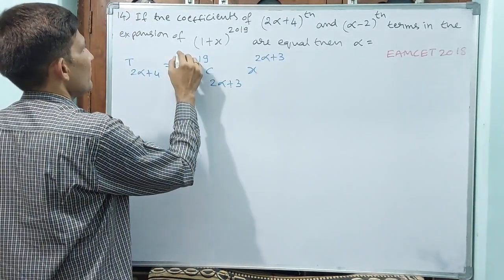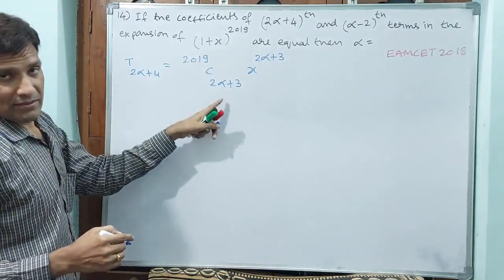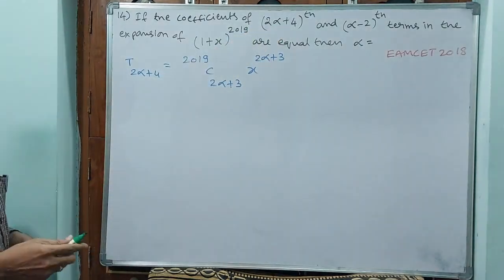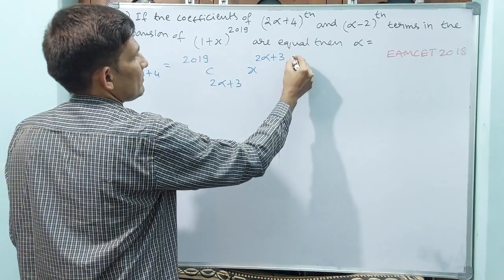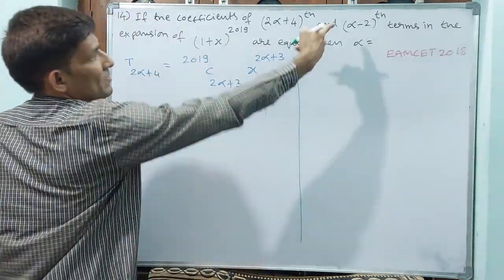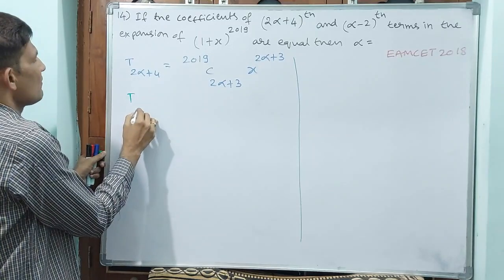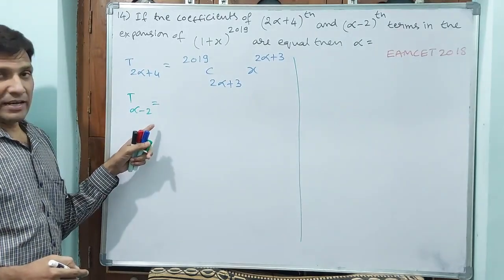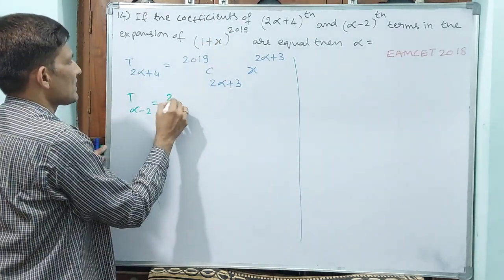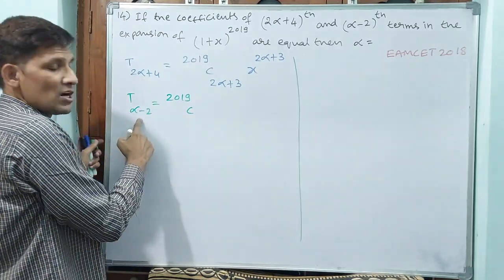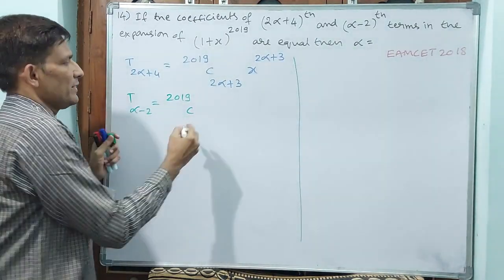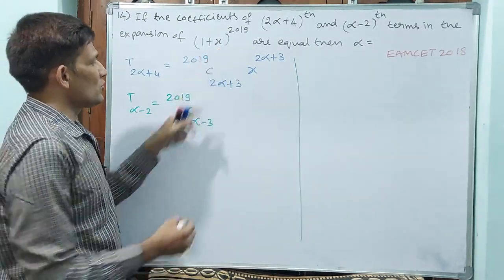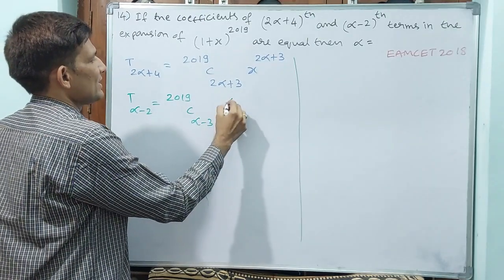This is this term, but here only the coefficient is important, don't confuse. And then I will write the (α−2)th term: T_(α−2) is 2019 C (α−2−1), that is α−3, and again x to the power of α−3.